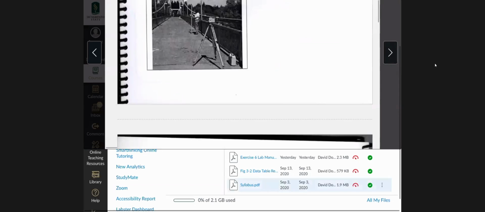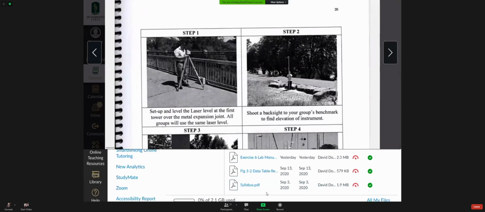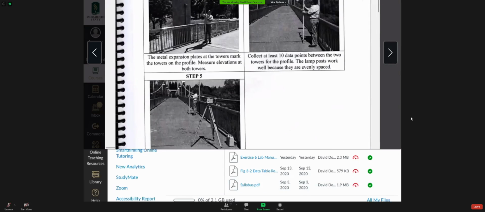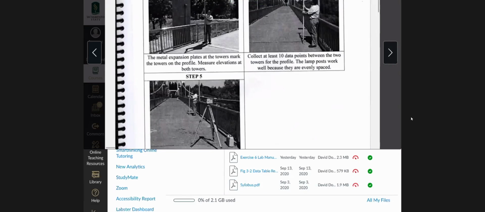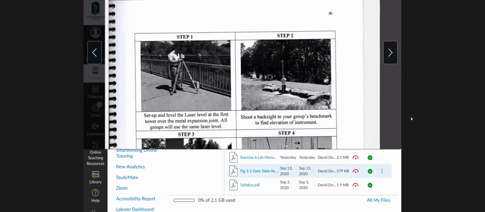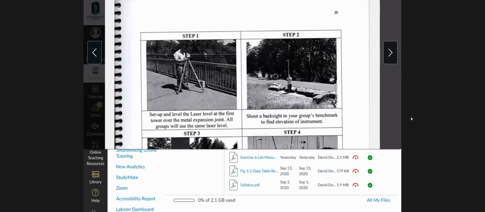So let's go back up here. Let's talk a little bit now about how you would take your back sight.